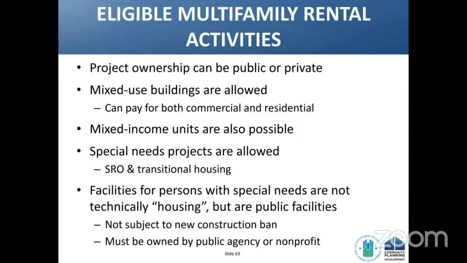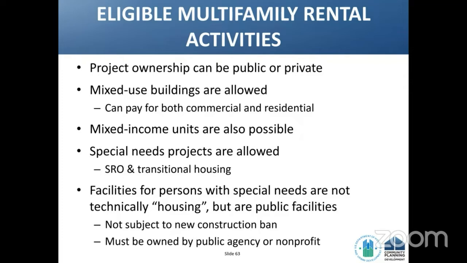Special needs projects are allowed, but notice that when you're doing what we call temporary housing, which is facilities for persons with special needs, those are not considered permanent housing, so they can be constructed with CDBG funds. Here you're talking about your homeless shelters, your shelters for runaway youth, and those types of facilities.